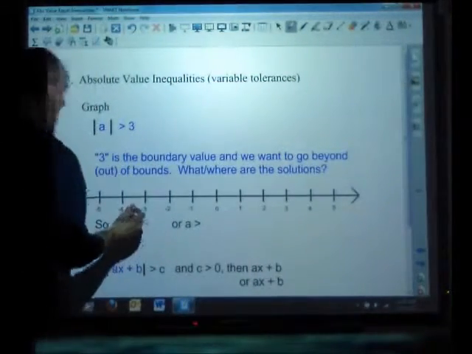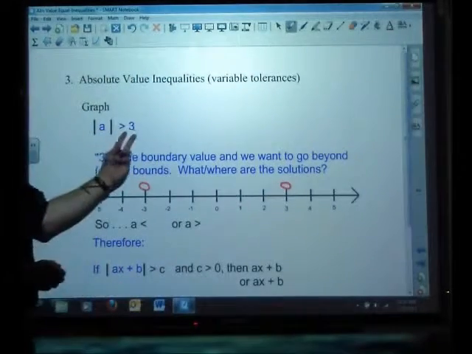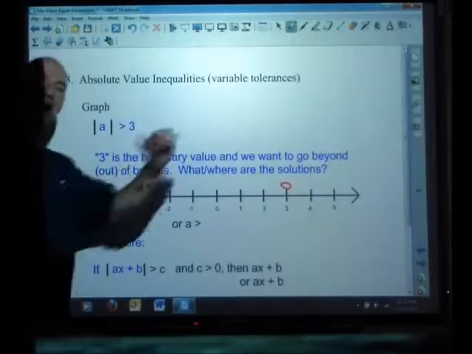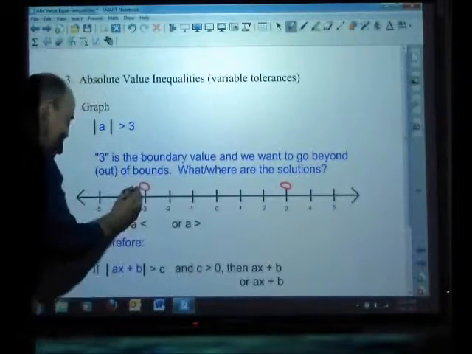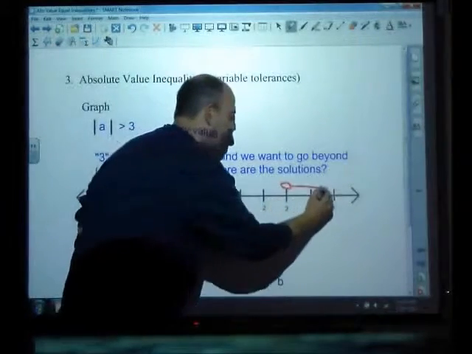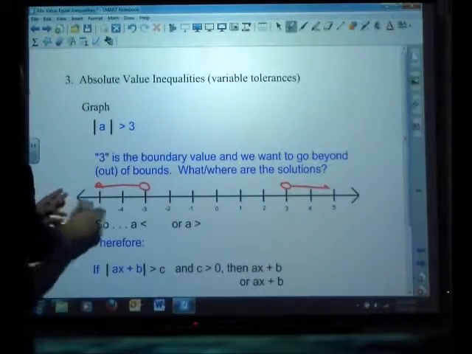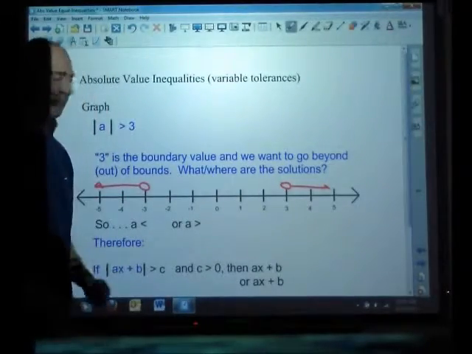So the answers would not be at the boundaries. I don't want it to equal 3 away from 0. I want it to be beyond that from 0. That only happens if I go what I call thumbs out, which means less than the negative boundary, or greater than the positive boundary.